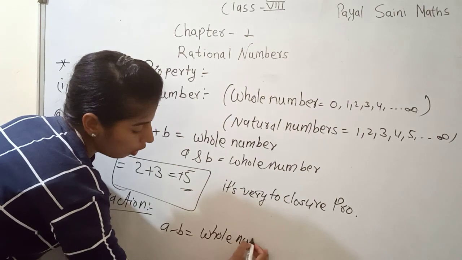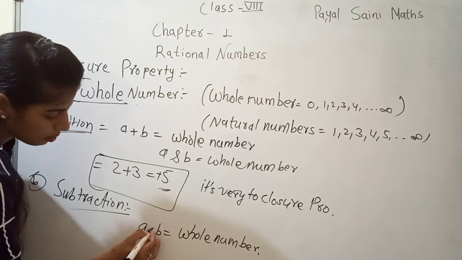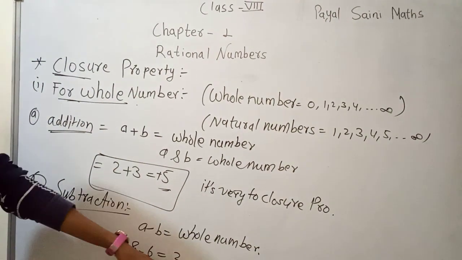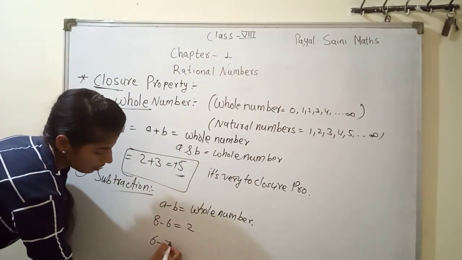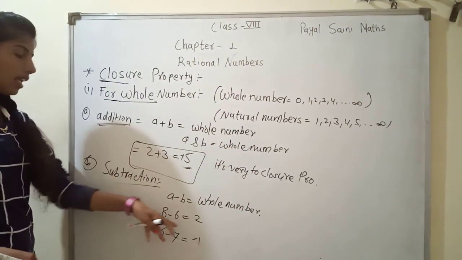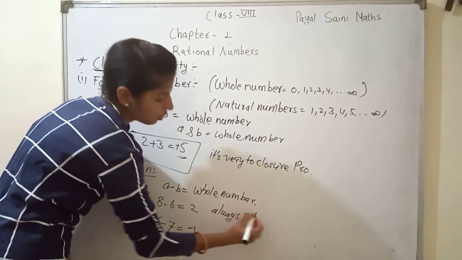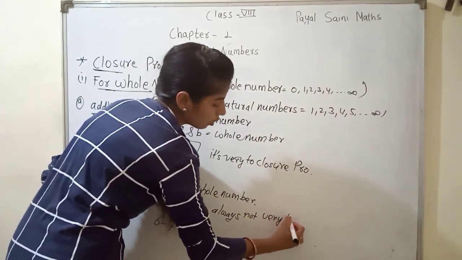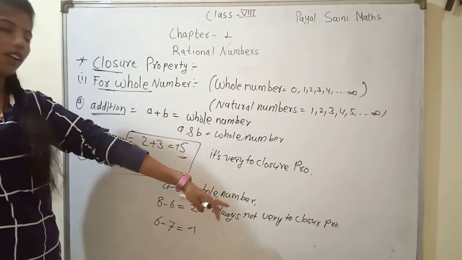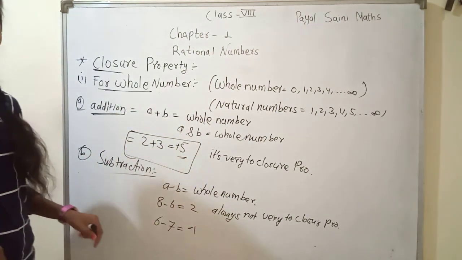If I write 8 minus 6 equals 2, that is a whole number. But if I write 6 minus 7, my answer is minus, so we can say it does not always verify closure property. So addition is verified, and subtraction is not verified.